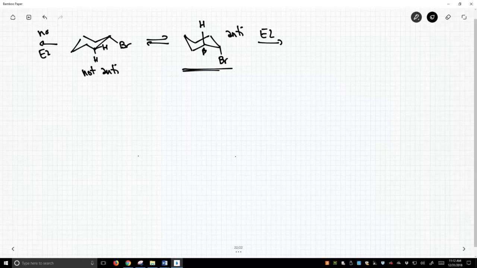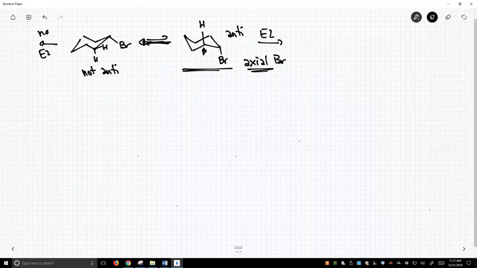It should be less prevalent than the conformation on the left because this one has an axial bromide, and that introduces steric hindrance, and so you would expect this equilibrium to favor the starting material. So this might actually slow down the rate of the reaction because the molecule can only react through a less populated conformation.